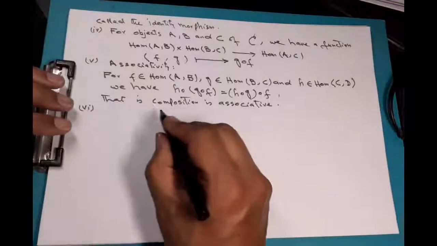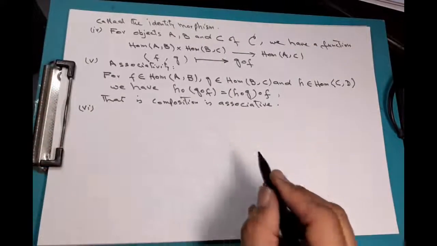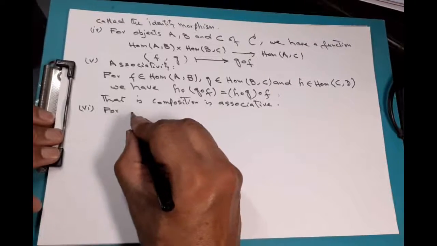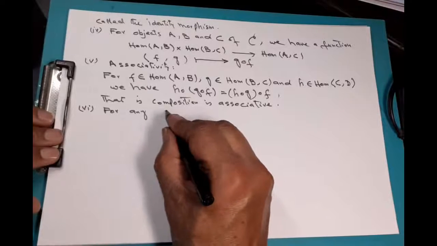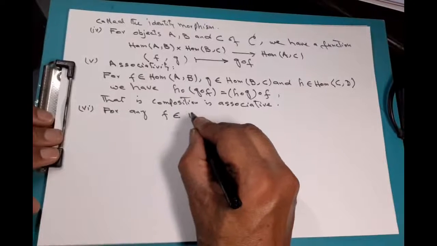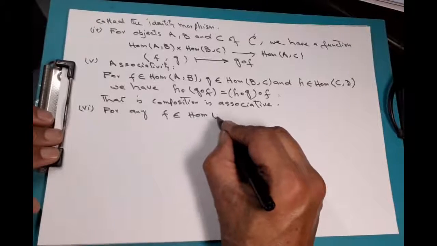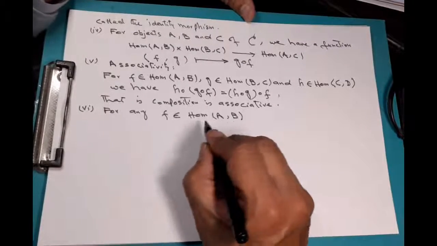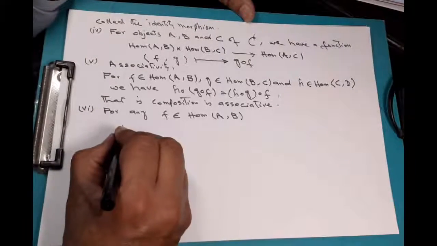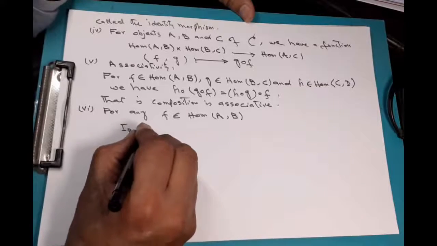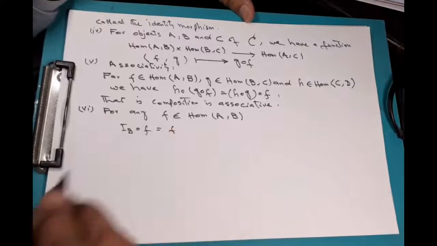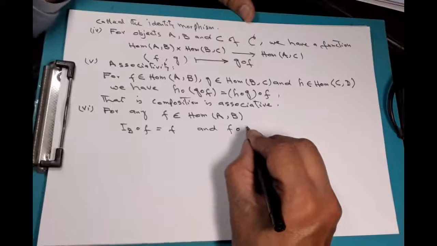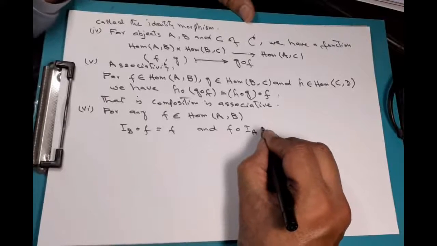For any f belonging to hom(A, B), identity of B composed with f is equal to f, and f composed with identity of A is equal to f again.